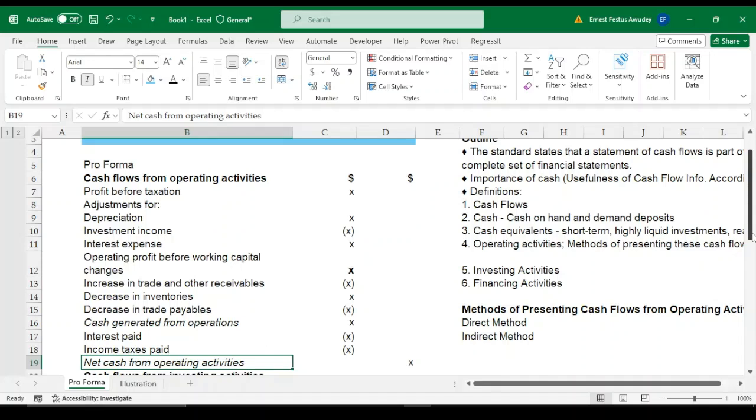Very important. So those are our investing activities. Now, unlike the cash flows from operating activities where we have methods of presenting it, the other ones don't have any alternative methods of presentation.